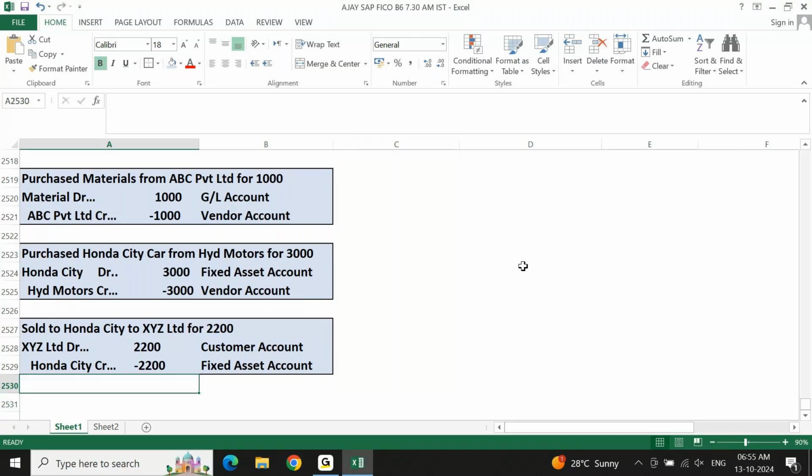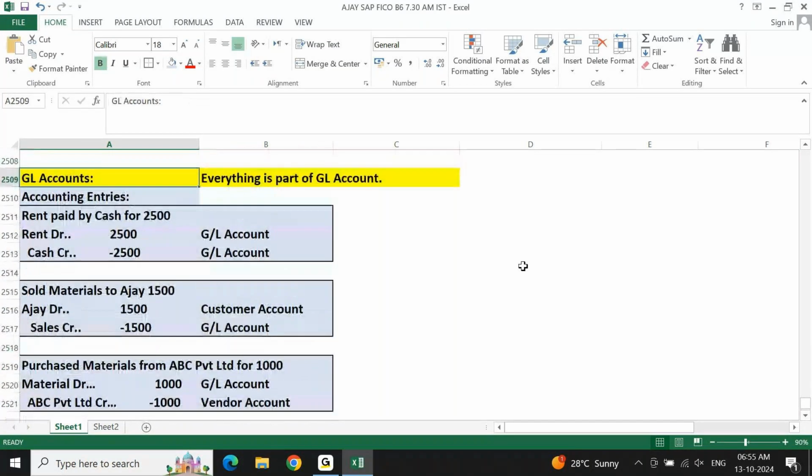For example, if you look at the first one, you paid rent by cash for 2,500. Whether you write on paper or in any accounting application, your accounting will remain the same: rent account debit, cash account credit. Or are we going to change the accounting entry the moment you change your application?